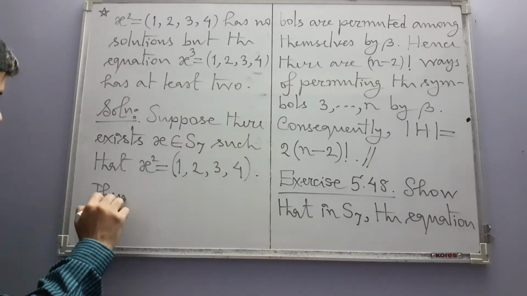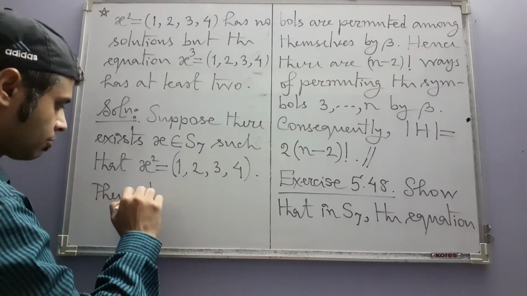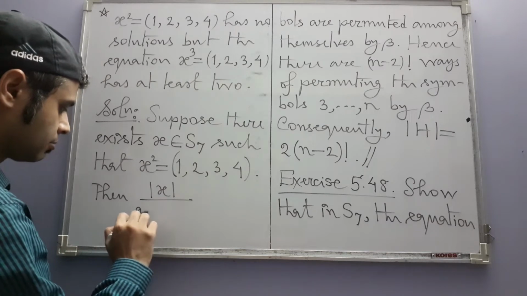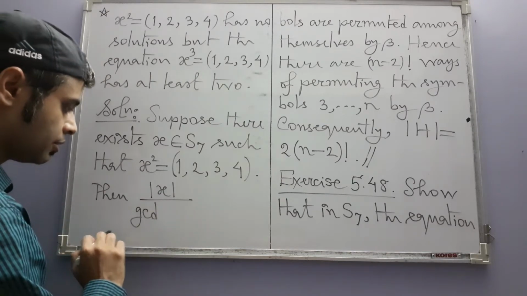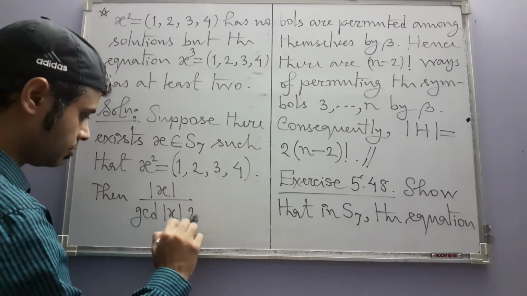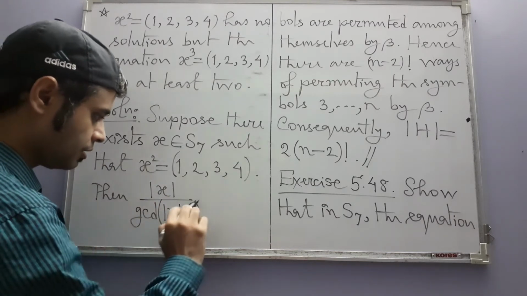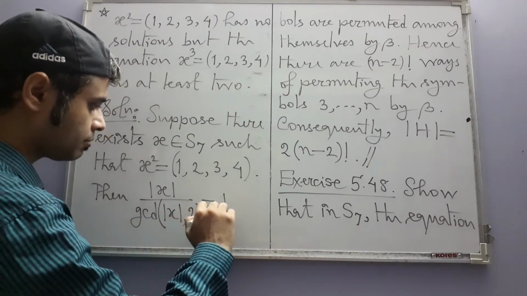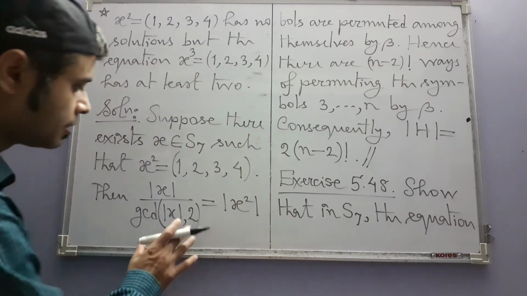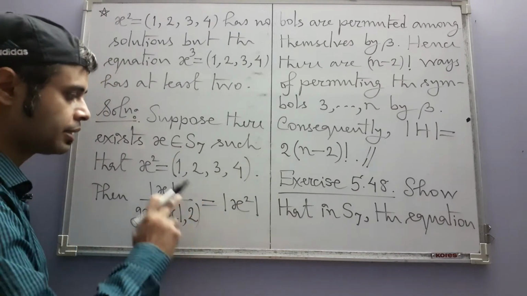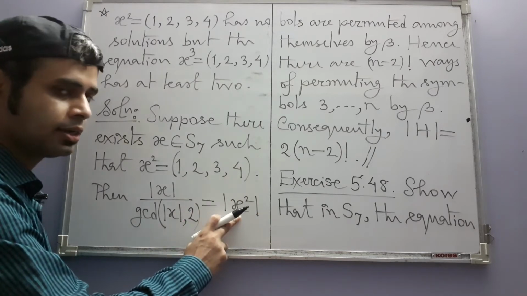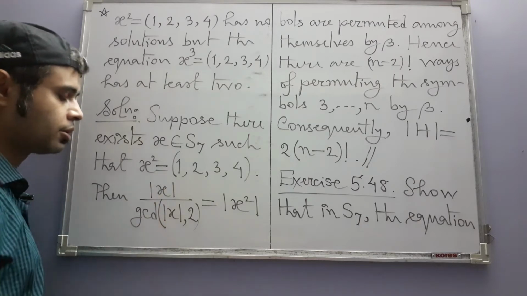Then the order of x squared is the order of x divided by the greatest common divisor of the order of x and this exponent 2. We already know that this is the formula for the order of x squared. Using this formula, we can find the order of an integral power of some element in terms of the order of the element.